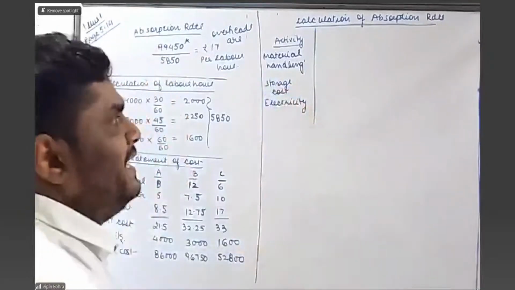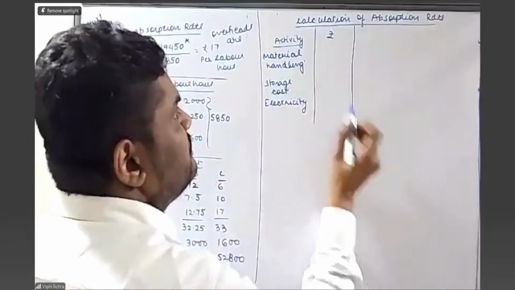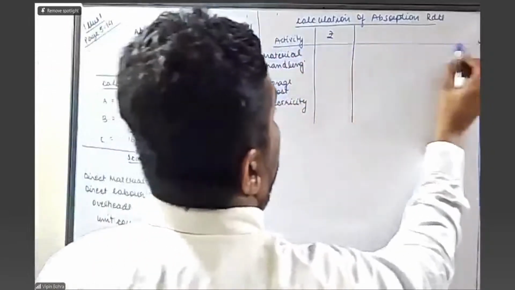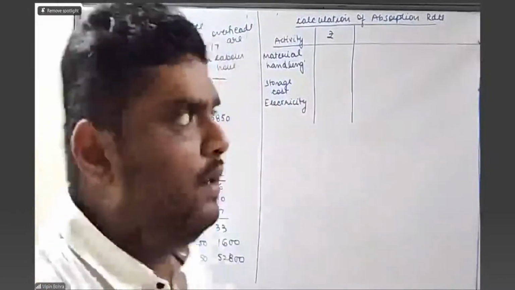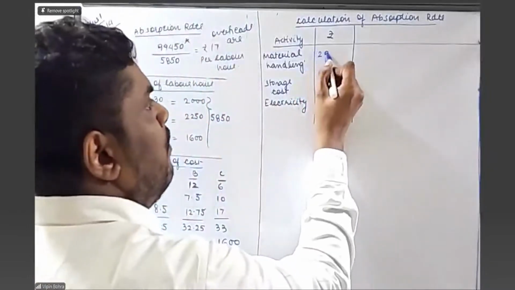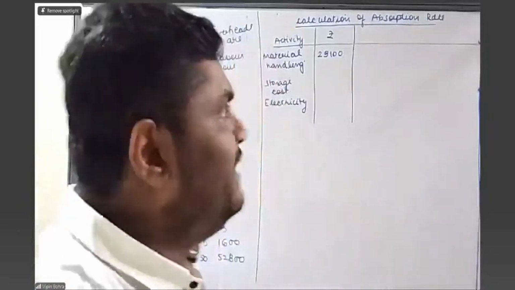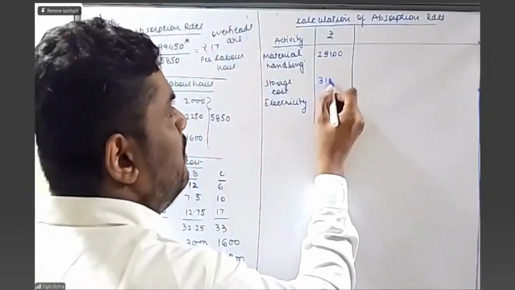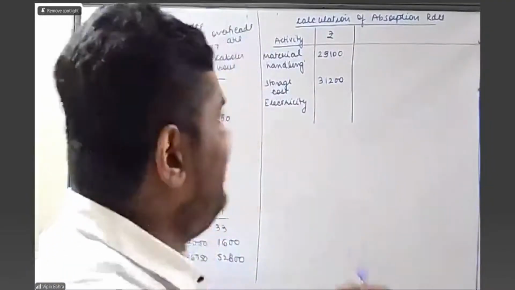These are the various activities. Now the cost of each activity is also given in the question. Material handling cost is 29,100. Storage cost is 31,200. And 39,150 is my electricity cost.